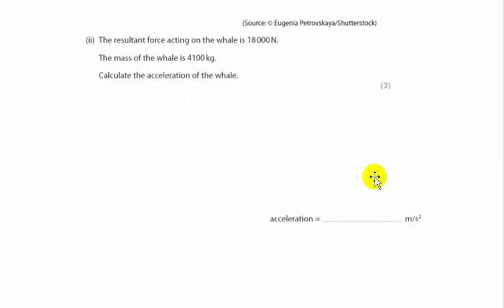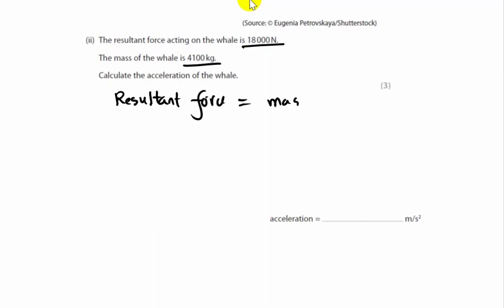Next question. The resultant force acting on the whale is 18,000 Newton and the mass of the whale is 4100 kg. Calculate the acceleration of the whale. We know resultant force equals mass into acceleration.